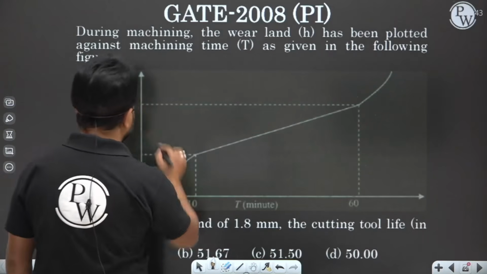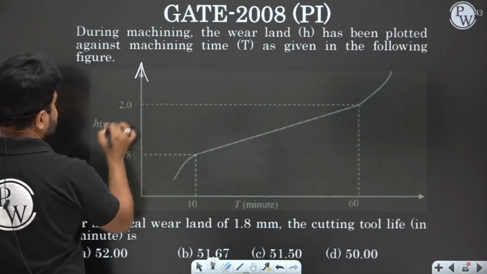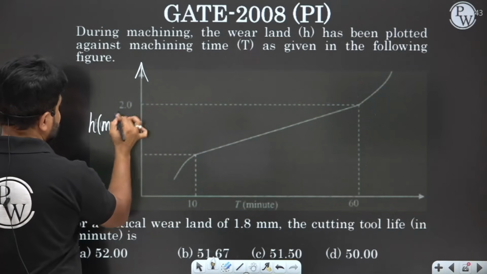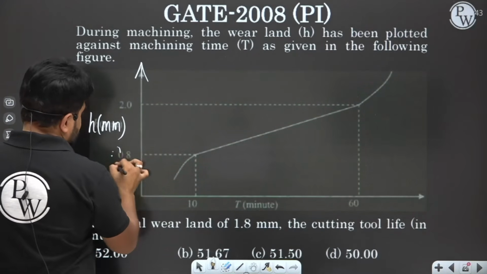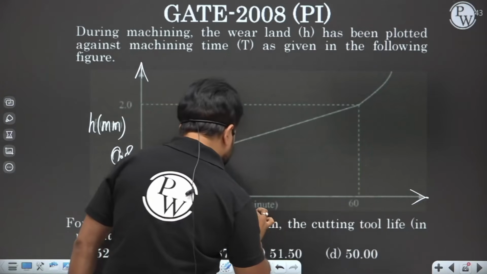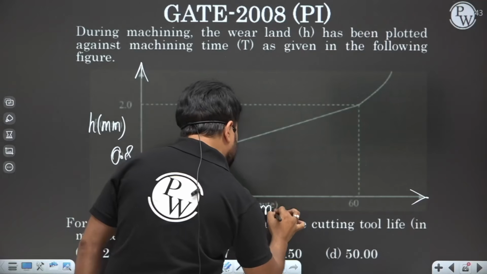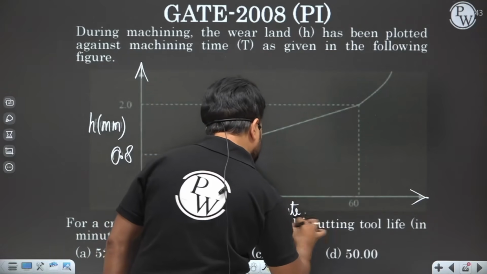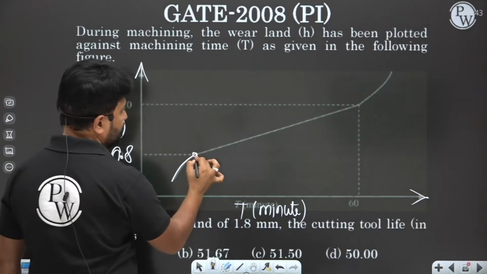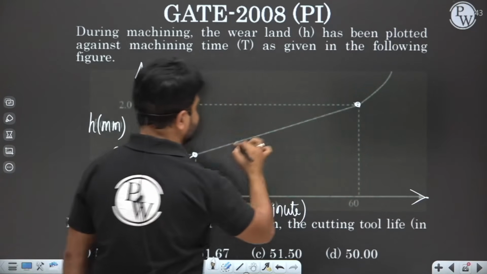Here on the y-axis, you can see a wear height in mm is given. Okay, that is 0.8, and on x-axis there is a time in minutes, right? And what it says, it is a curve, and from that point up to that point there is a straight line.